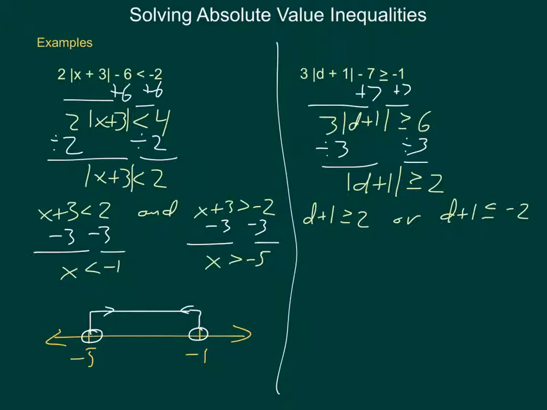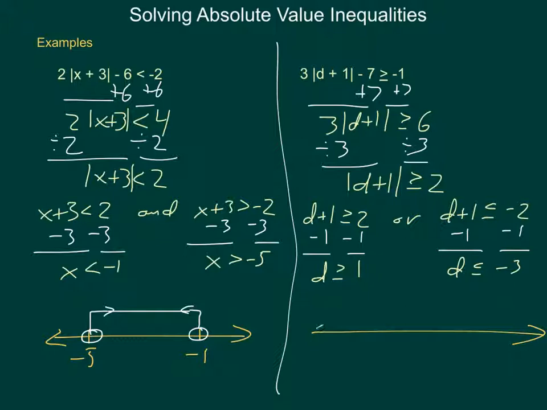Now I'm going to go through, subtract 1 from each piece, and that leaves me with d being greater than or equal to 1, or d being less than or equal to a negative 3. So, number line, negative 3, negative 2, negative 1, 0, positive 1.